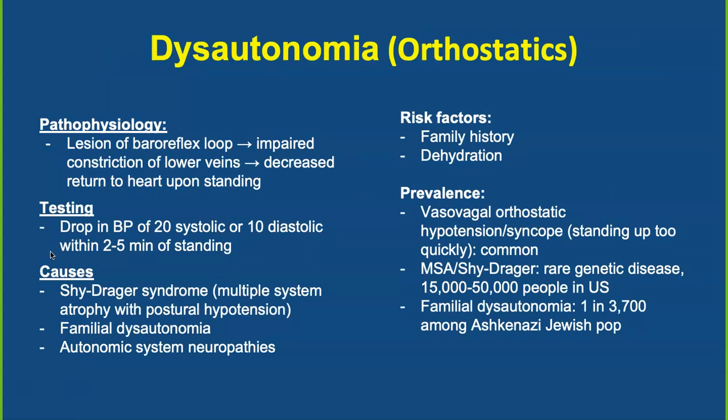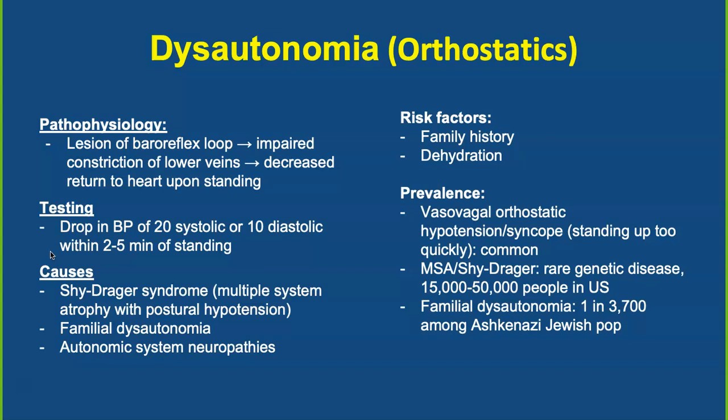So first is dysautonomia, which you might know as orthostatics or orthostasis. This happens when we have a decrease of return blood to the heart upon standing due to insufficient compensatory contraction of the veins. So there are different causes.